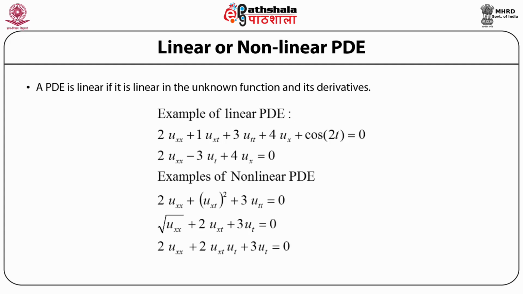In the bottom three equations, shown with an underline, u_xt is getting squared, so it's getting multiplied twice. In the second, there is a root, the power is 1/2. In the last equation, u(x,t) is multiplied with u_t. So these are nonlinear differential equations.